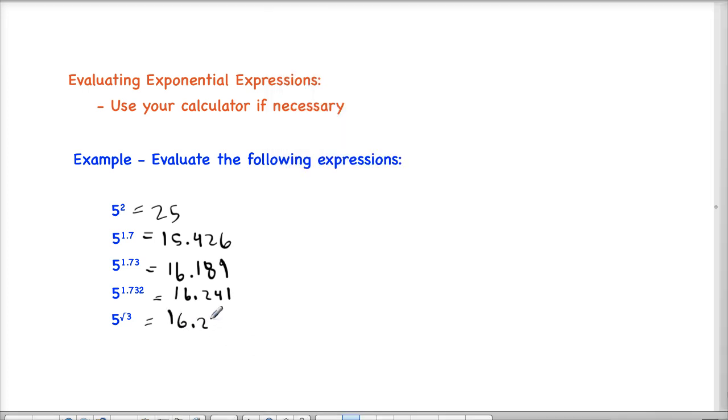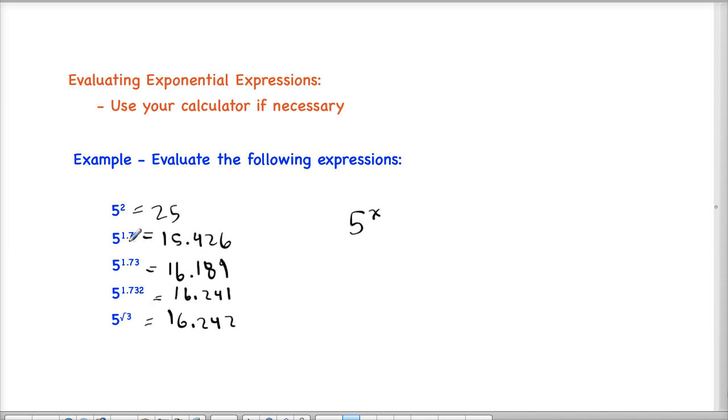The reason that the book does this, and you're going to have some problems like this on your own, is to illustrate that when we have an exponential expression, 5 to the x, remember you're plugging in different values of x here, and the domain is continuous, all real numbers. And all real numbers include these irrational numbers that could go on forever, right?